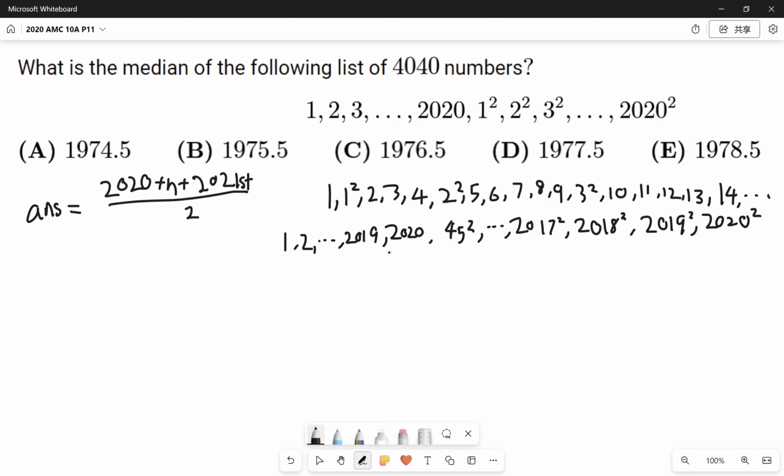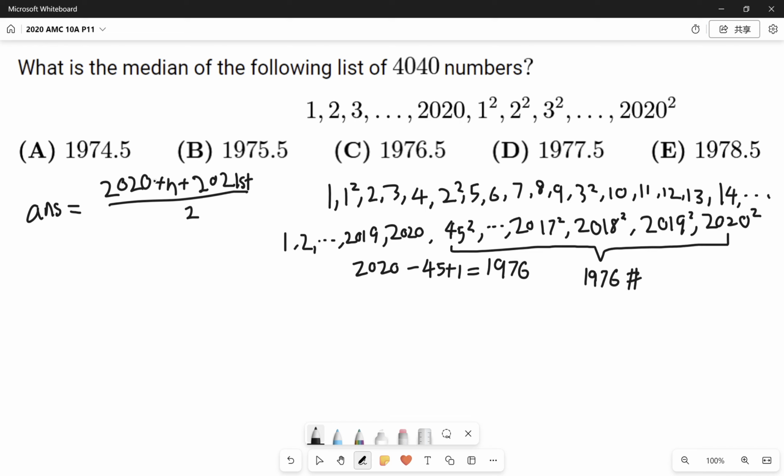And 2. So how many numbers are here then? 2020 minus 45 plus 1 is 1976. We have 1,976 numbers over here. So there are that many numbers from 45 squared to 2020 squared.